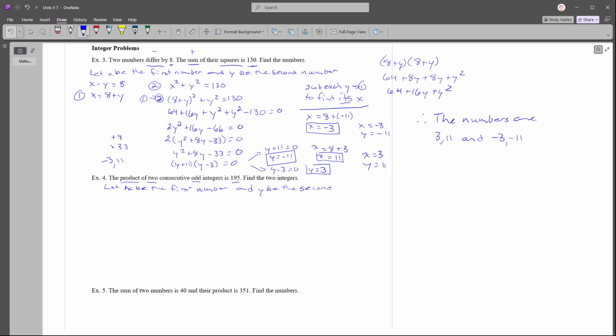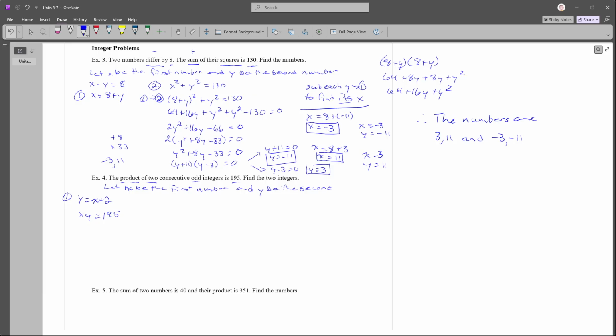What is y actually equal to? Well, because they're two consecutive odd numbers, that means y is exactly 2 larger than x. So we can actually say y is equal to x plus 2. Well, that's pretty interesting. We know that the product of these two numbers, x times y, is equal to 195.